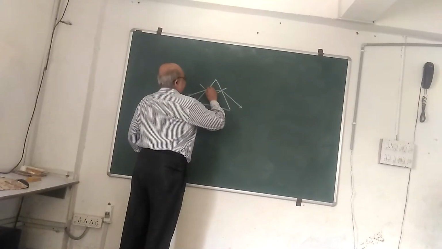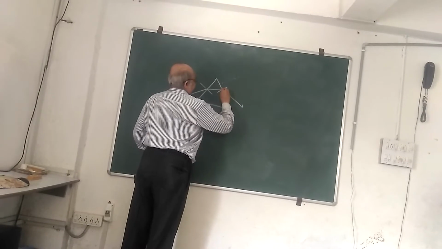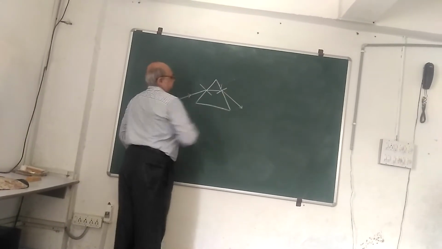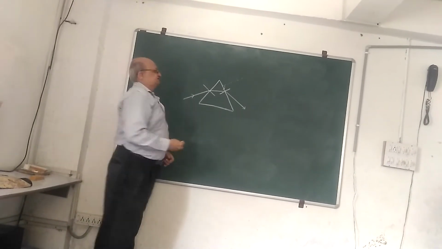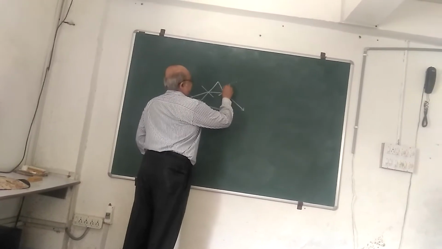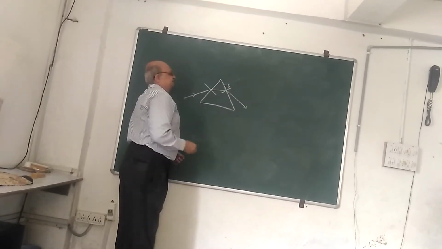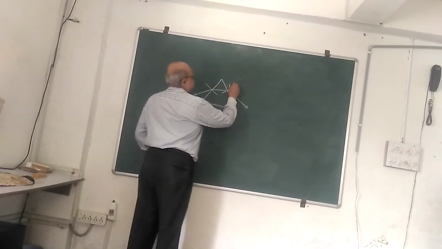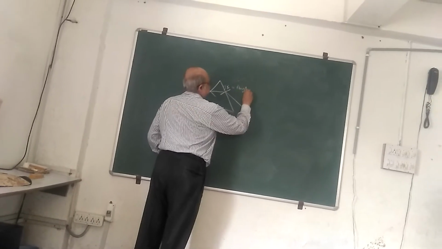Now, if we extend this forward and extend this ray backward, we will get an angle here. This angle is represented by small delta, which is written more or less like a third of Hindi or Gujarati, and this is known as angle of deviation.